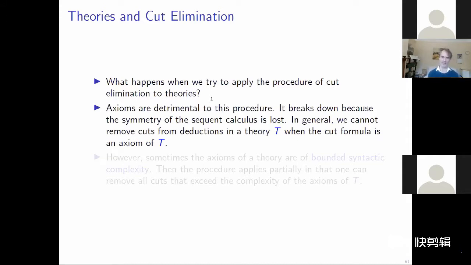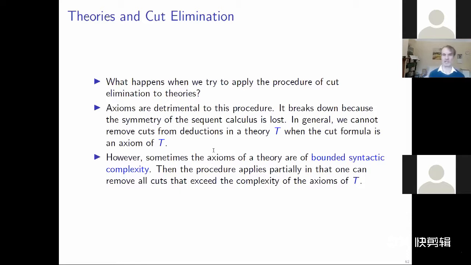Basically, it breaks down, in particular in the case when the cuts come from axioms of the theory T. However, in many cases where one has a bound on the complexity of the axioms of T, one can say, well, at least we can do partial cut elimination. We can remove all the cuts that exceed the complexity of the axioms of T.